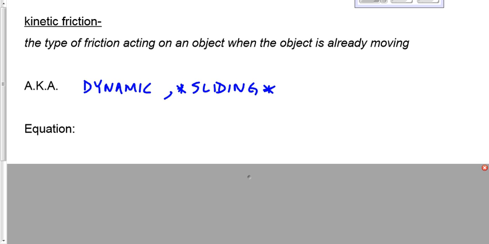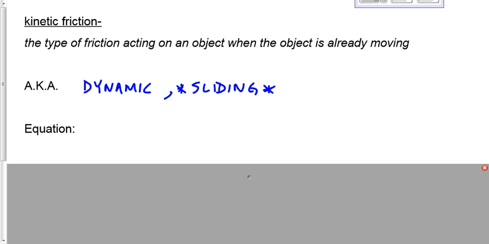Rubber tires on pavement would have less force of friction than rubber tires on ice. All-season tires have less friction on ice than winter tires have on ice. You guys know that? Winter tires have more friction on ice than all-season tires have, not because of the tread.